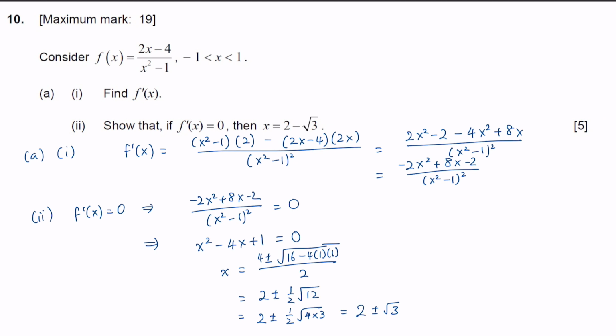And so I have to accept 2 minus root 3, because 2 plus root 3 is outside of the domain. As shown.